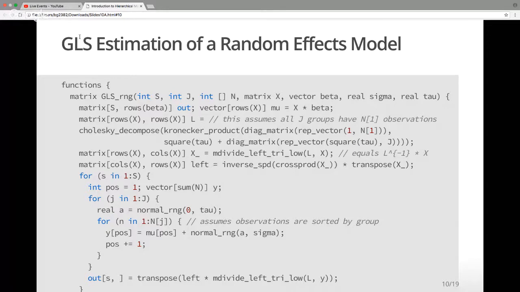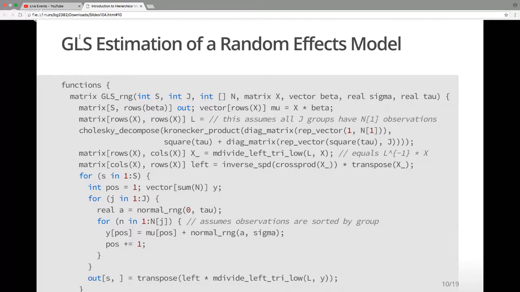And all this matrix algebra stuff up here is just a precursor to that. So you take the Kronecker product of an identity matrix and this matrix here, the square of tau, which is the variation in the error expectations across schools, and the diagonal matrix, this should be sigma, I think.